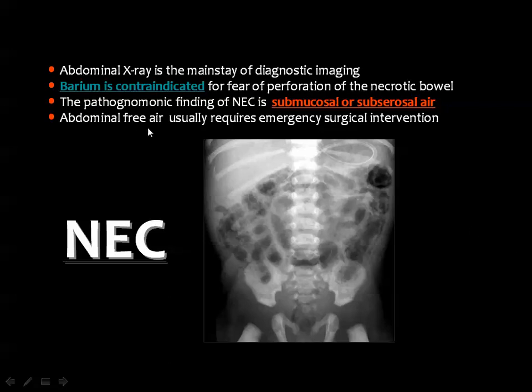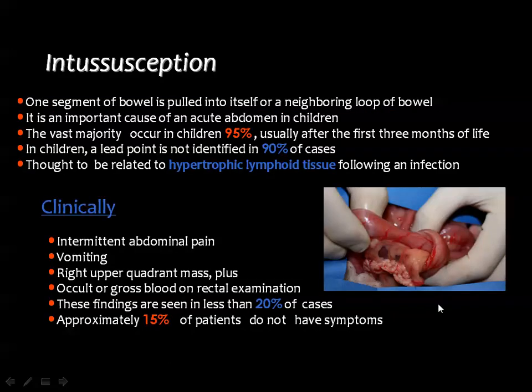Abdominal free air usually requires emergency surgical intervention because this means that the bowel has been perforated. We came to the intussusception, which means that one segment of the bowel is pulled into itself or into a neighboring bowel loop.